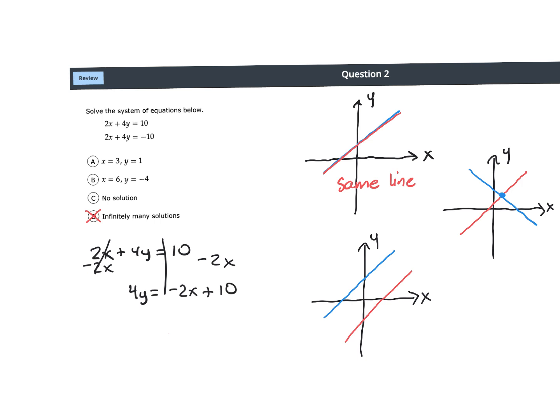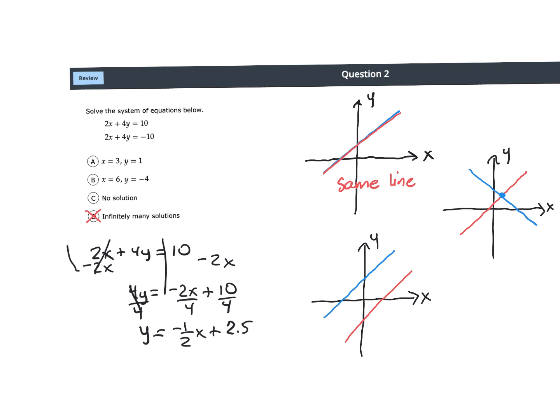I'm just going to use the commutative property to reverse those, just like switching seats at your partner table. And now I will divide everybody by 4, and I'll be left with y equals negative 1/2 x plus 10 over 4, or 5 over 2, or 2.5. Any of those are good enough for what we need.